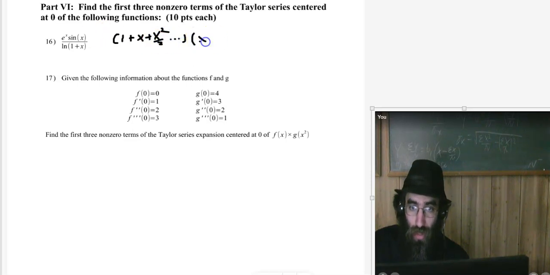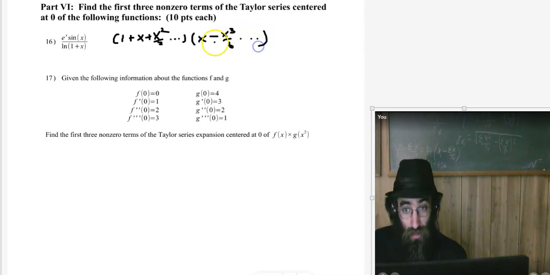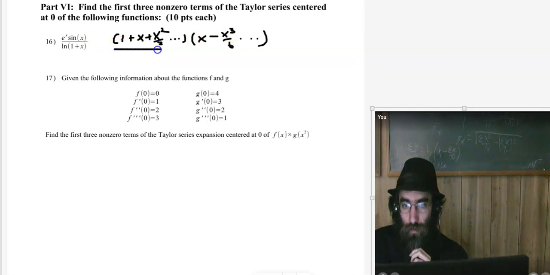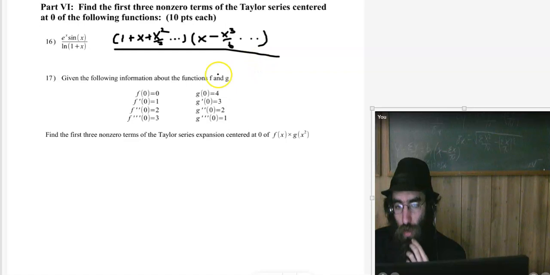For sine of x, I've got x minus x cubed over 6, dot dot dot. Even the x cubed over 6 is going to be more than I really need. Or, well, kind of. We'll see what happens here.